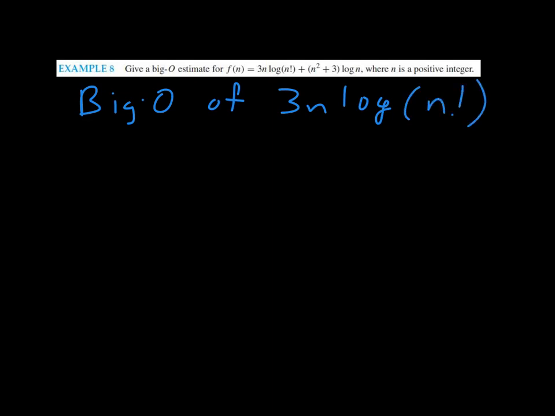So we'll start out by finding big O of the first thing that's being added, 3n times log of n factorial.